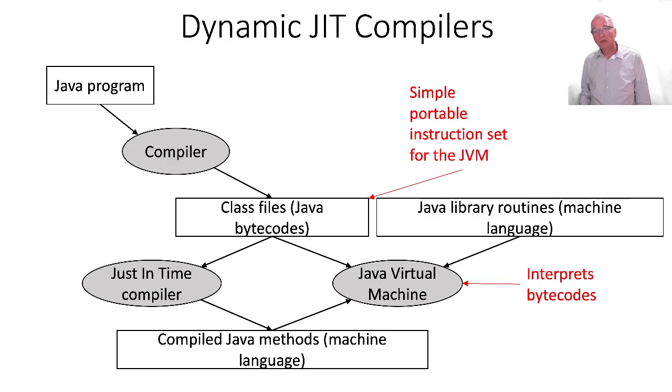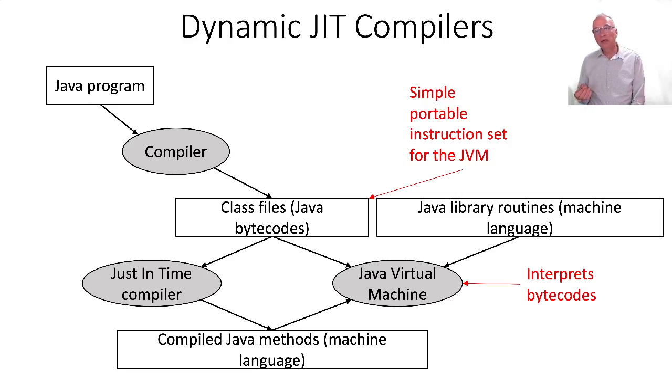So for that, what was invented is the just-in-time compiler. The idea of the just-in-time compiler is that you're going to be compiling code into the native assembly of the machine as the code gets executed.